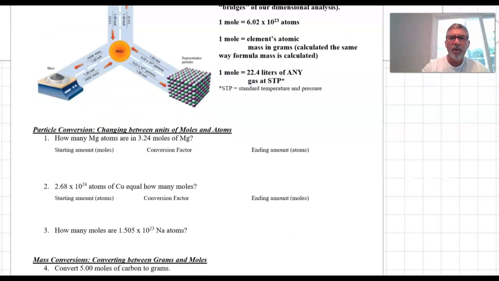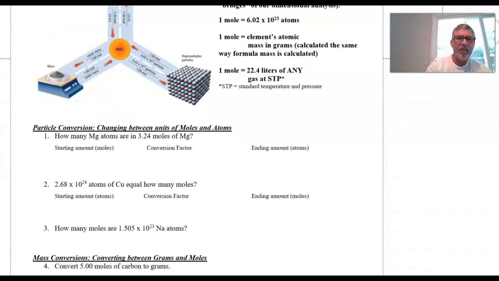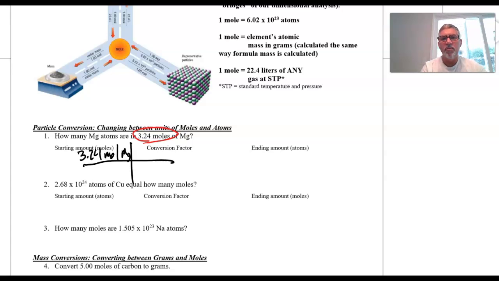All right, so this one's set up a little differently. I set it up so you'll know what to do. So starting moles, that's your given. Remember, your given is whatever has numbers in it. So I've got 3.24 moles of Mg, and I'm trying to go to magnesium atoms.